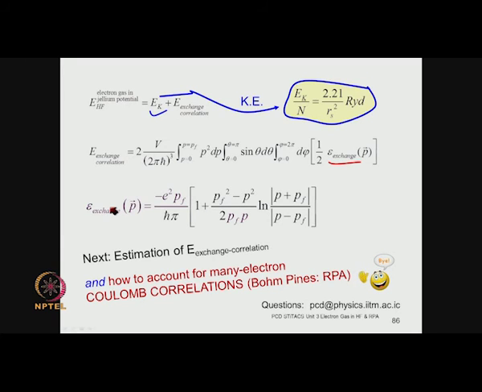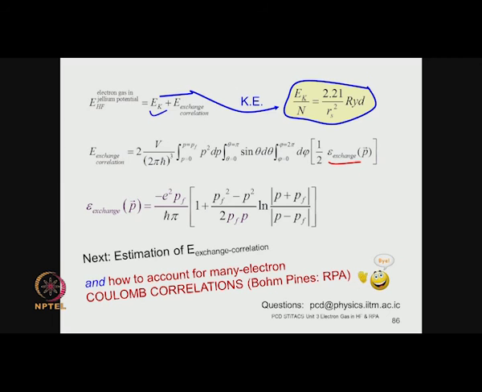We will use this to get an estimate of the exchange part. That will be our subject for discussion in the next class, and what we will find is that when you make an estimate of the exchange term, you do get a better estimate of the average energy per electron.